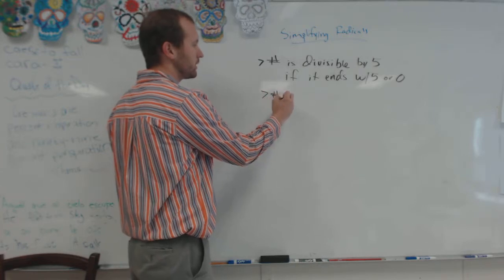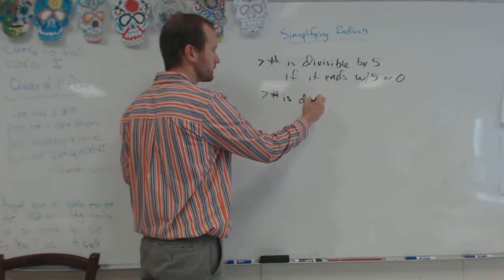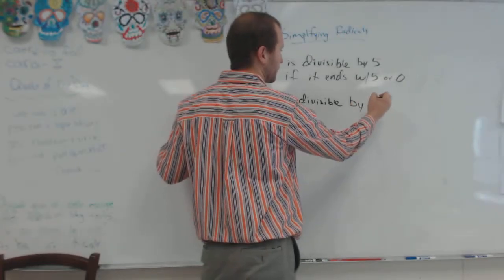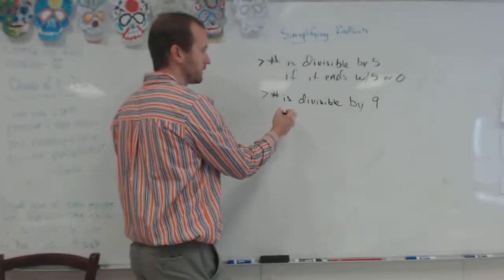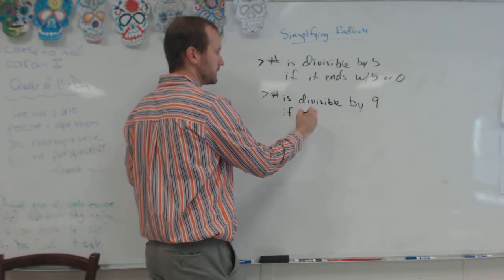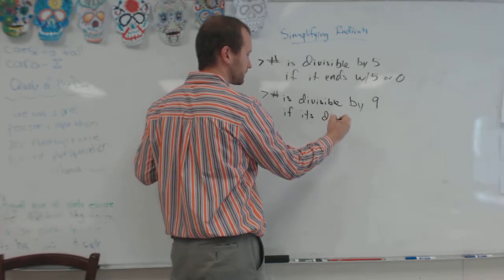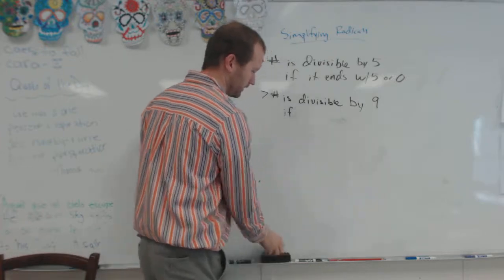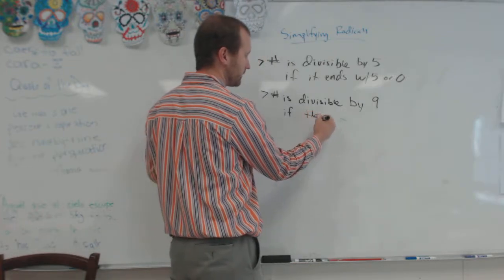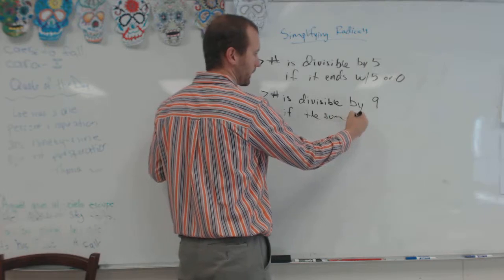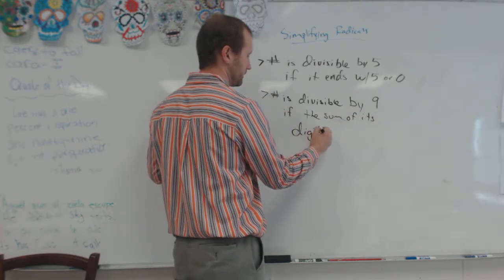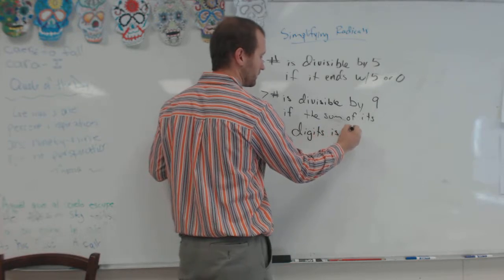So we care about 4, and then we care about 9. So a number is divisible by 9 if the sum of its digits is divisible.